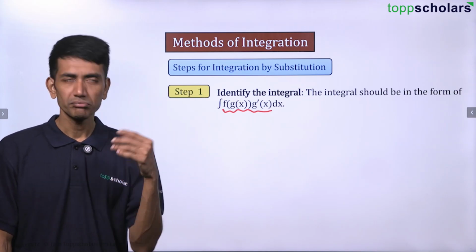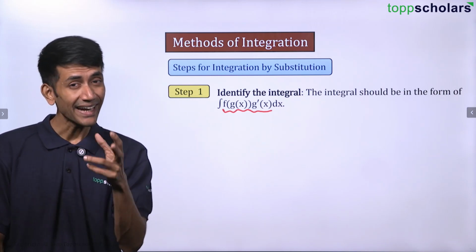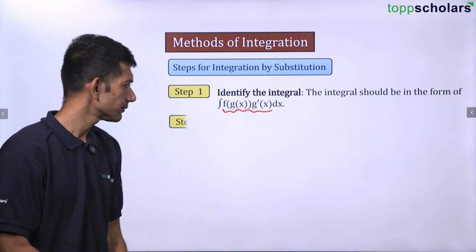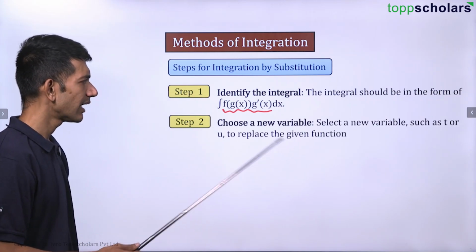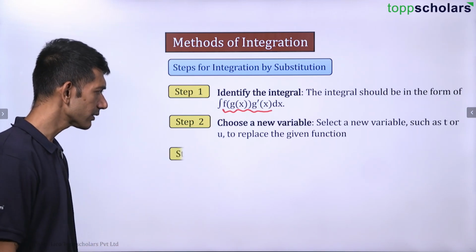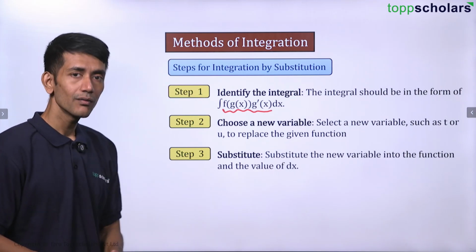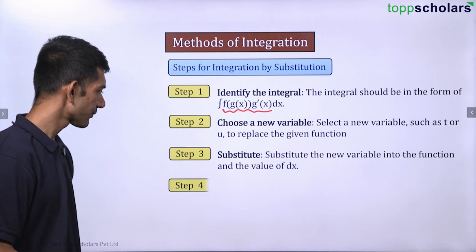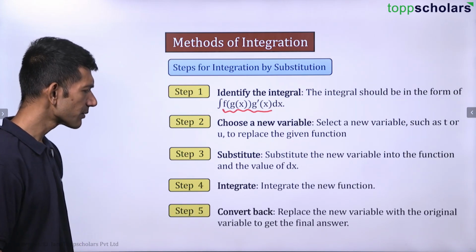If you see say x square and you also see 2x there, in those cases you can apply. So step 2 is you choose a new variable, you can take it as t, you can take it as u, that's your choice, whatever you are substituting it with. And then substitute the new variable into the function and the value of dx at the end, obviously. And then integrate the new function. That's it.